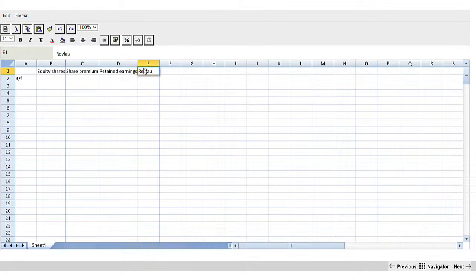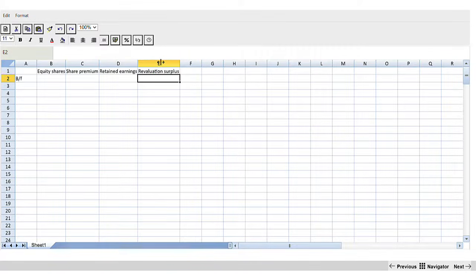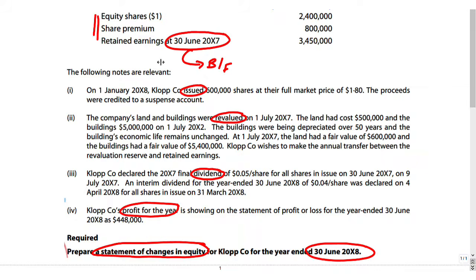And then I know that there is a revaluation. So I type in revaluation surplus and away we go. What I can do quite simply is put each of those figures into the statement of changes in equity.